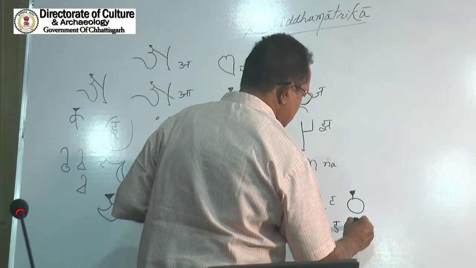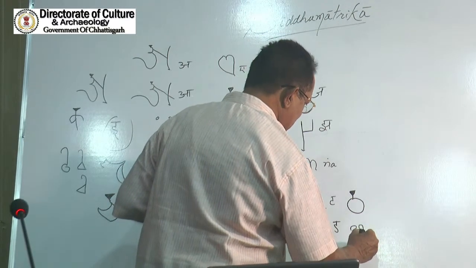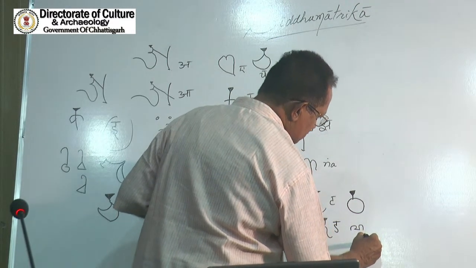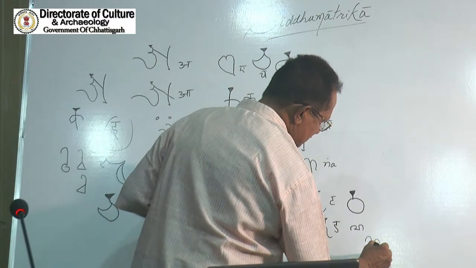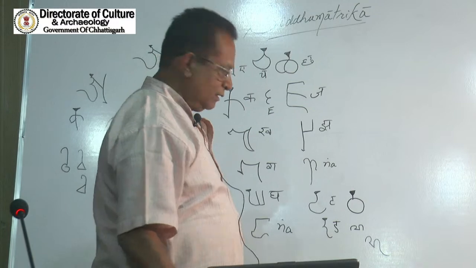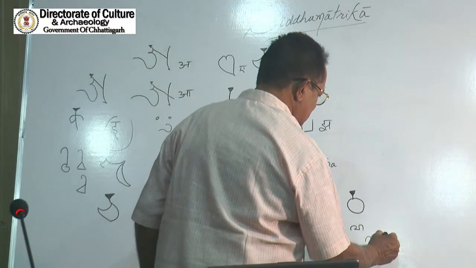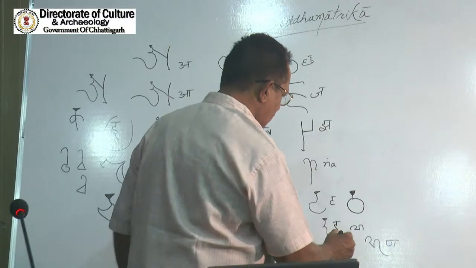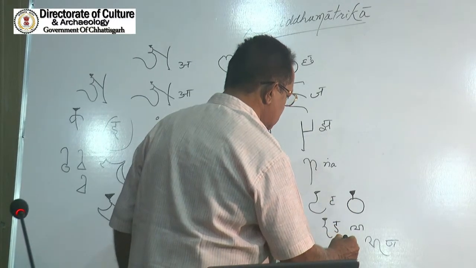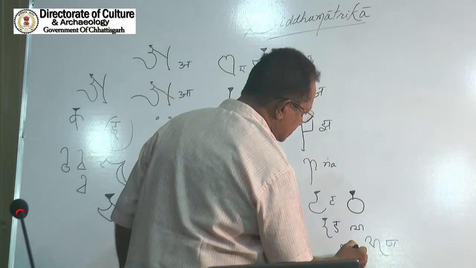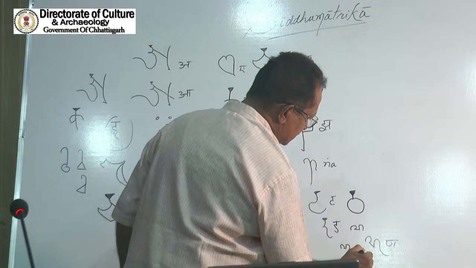Okay, simple like this. But here they made the same development. It goes in a slanting fashion. This is the law of Siddhamatrika characters. How from Gupta it is simple, connecting like this. And here you start a stroke like this, it goes downwards.